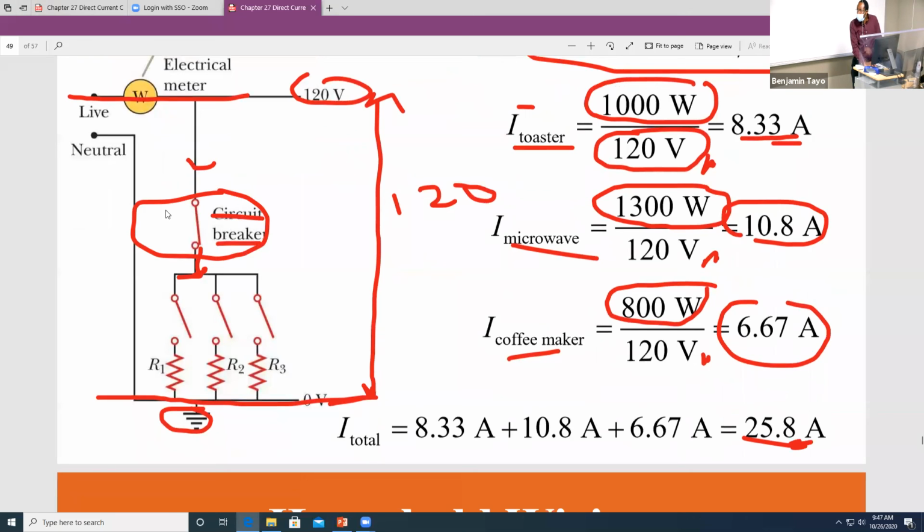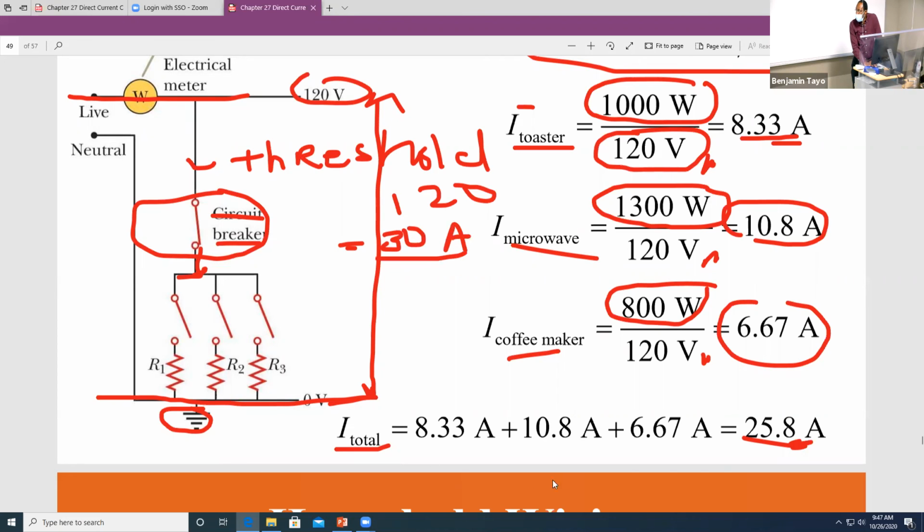This is going to help because it will check what the current is. If the total current is greater than some threshold value, which, for example, could be like 30 amps, you want to check that this total current is always less than that value right there.